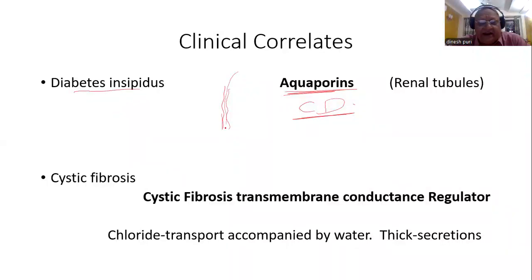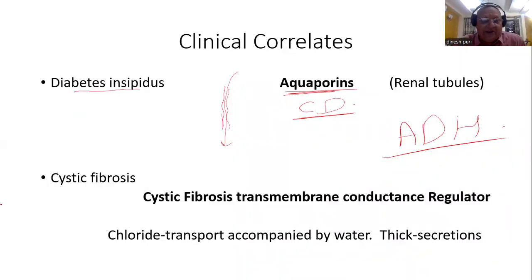They facilitate movement of water across the tubular membrane, in other words, renal reabsorption of water. So mutation in this aquaporin results in less reabsorption of water, so very dilute urine in large quantity is produced. Aquaporin is under control of a hormone called the posterior pituitary hormone, antidiuretic hormone.